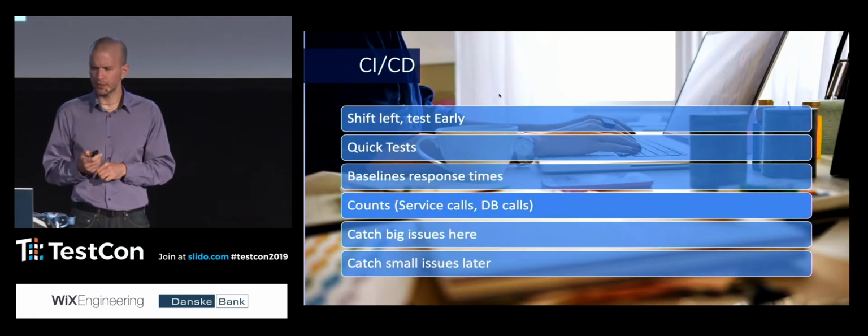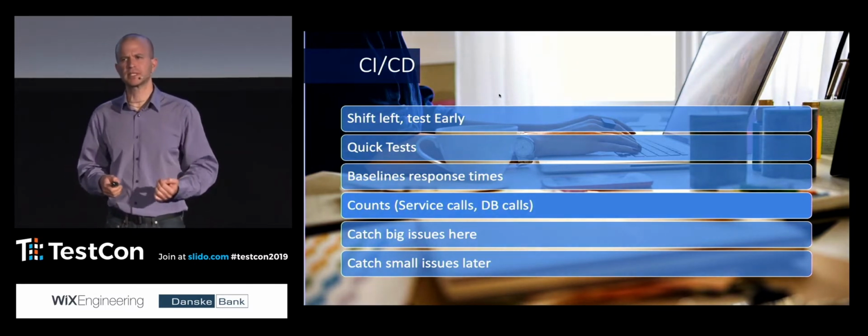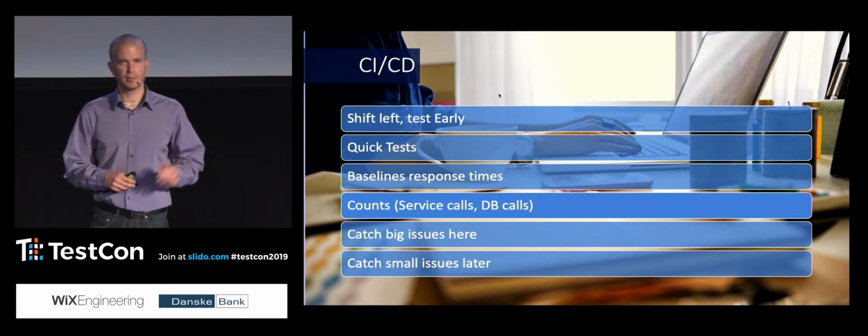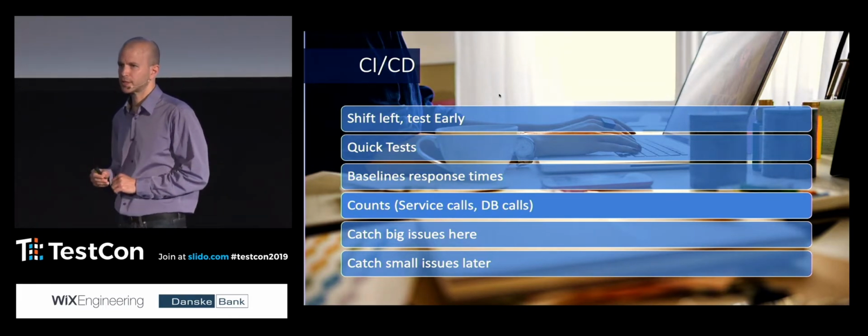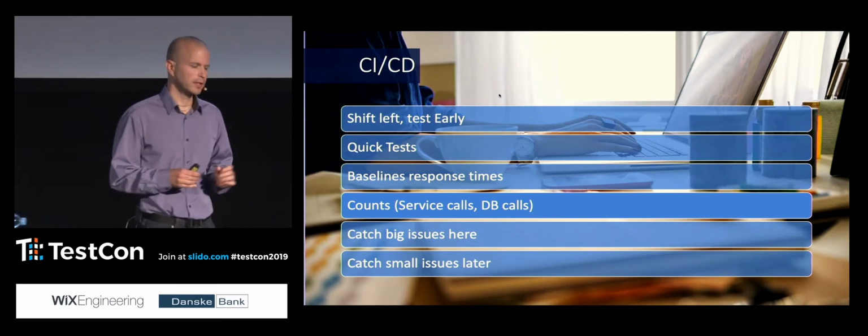And eventually, if you're doing Agile, you're going to want to do CI/CD testing. And again, the question: how can you do performance testing in CI/CD? Because performance tests are big, they're long, they're slow. Well, think about a different type of performance test, one that's very, very fast and just focused on a few key metrics.